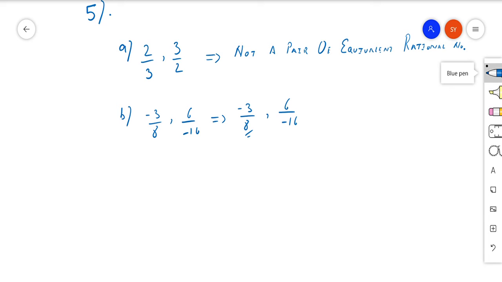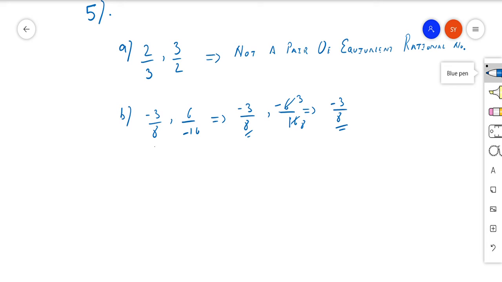This we can further divide. It will get divided by 2, right? So this becomes what? Just give me a minute. The negative sign will come at the top. With 2 we can cancel this: 2 8s are 16. Hence, what this gives us is minus 3 by 8, which is the same as minus 3 by 8, which has already been given.